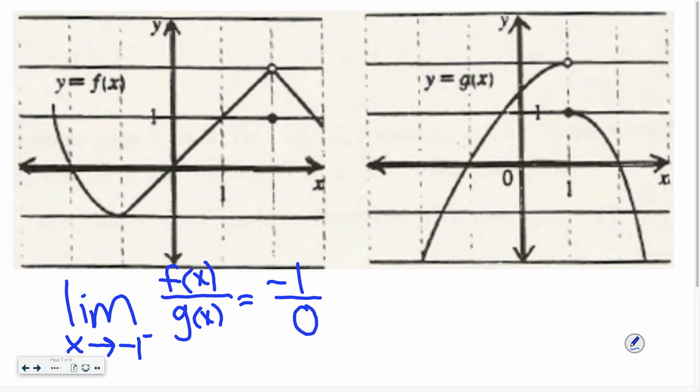From the left, we are underneath the x-axis, which means we have negative values as we get closer to 0. So we are approaching 0 with negative y values. As our denominator approaches 0, our numbers are getting really itty bitty, but on the negative side. So we have -1 over really itty bitty negative numbers, so our fraction goes to positive infinity.